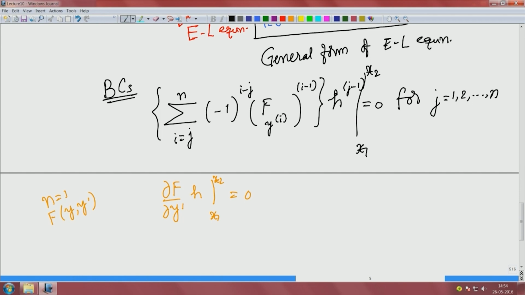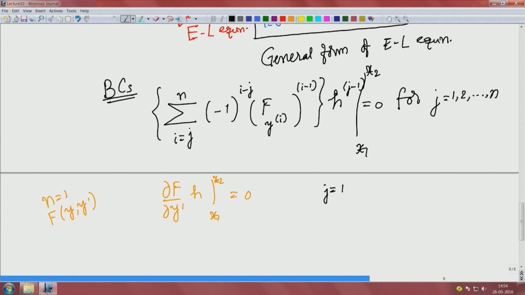So, what do you have here when n equal to 1? Here j equal to 1 only, because that is n also. So, I will have only one boundary condition, which is this. Now I go from 1 to 1, meaning only one term.